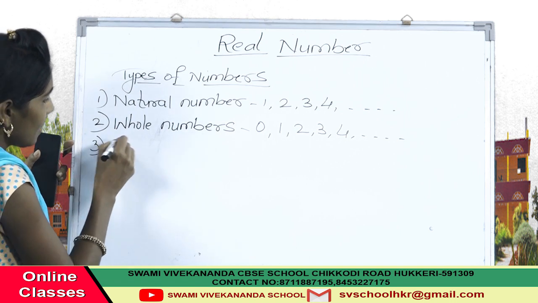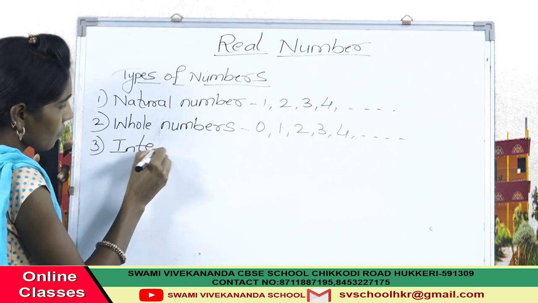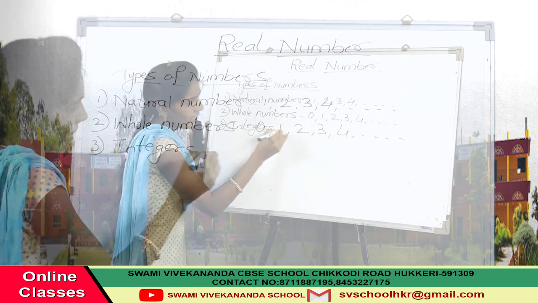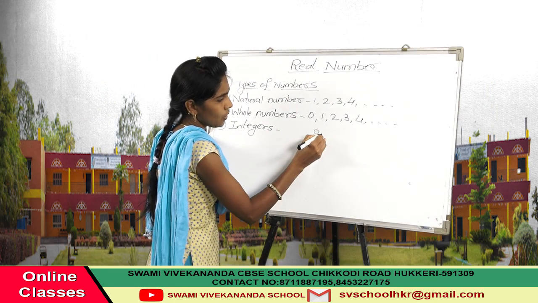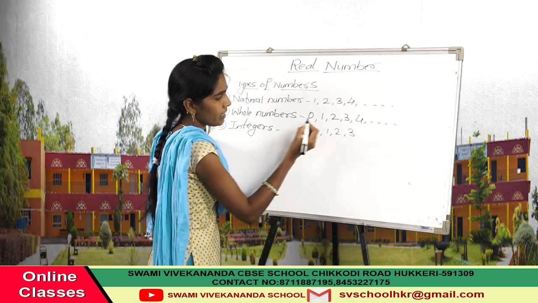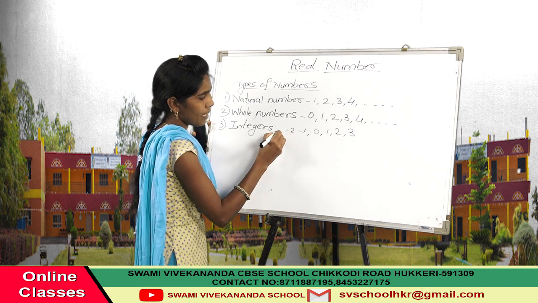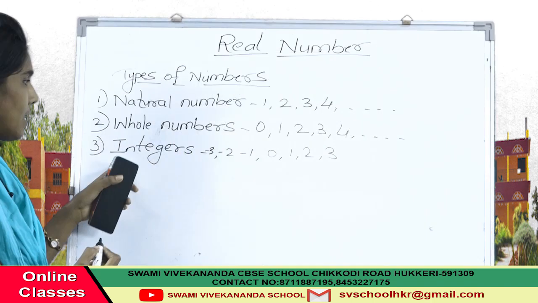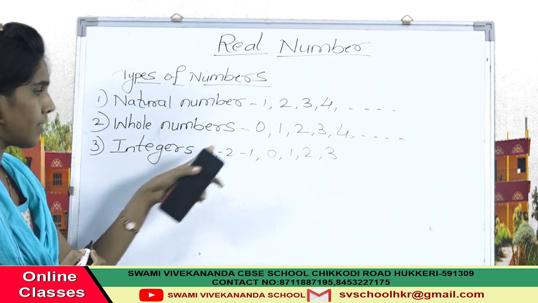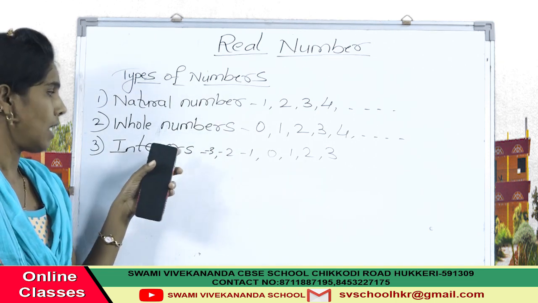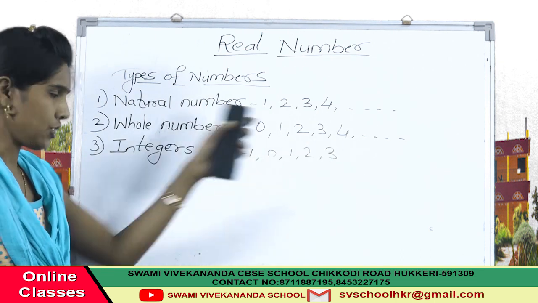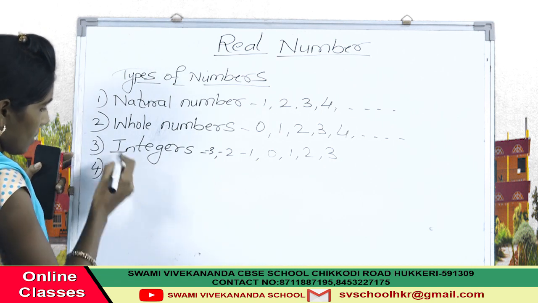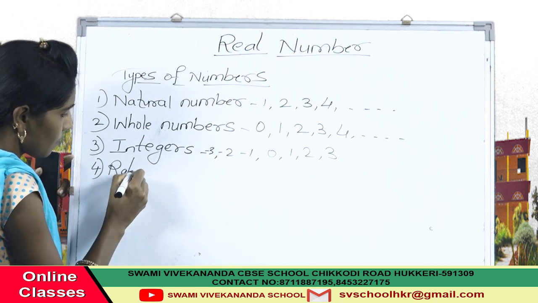Third one is integers. Here integers: 0, 1, 2, 3, minus 1, minus 2, minus 3. Here positive integers are there, negative integers are there. These are the integers.